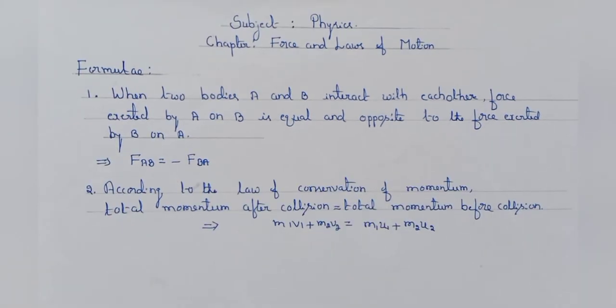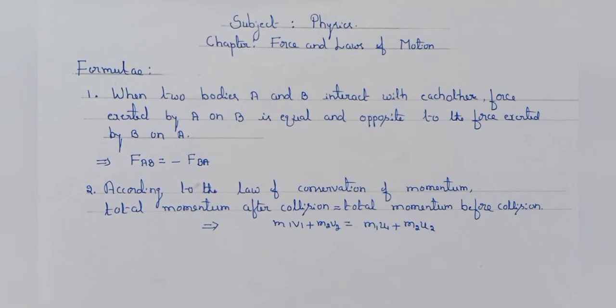Next, according to law of conservation of momentum, total momentum after collision is equal to total momentum before collision. The total momentum after collision is given by m1v1 plus m2v2, and the total momentum before collision is given by m1u1 plus m2u2.